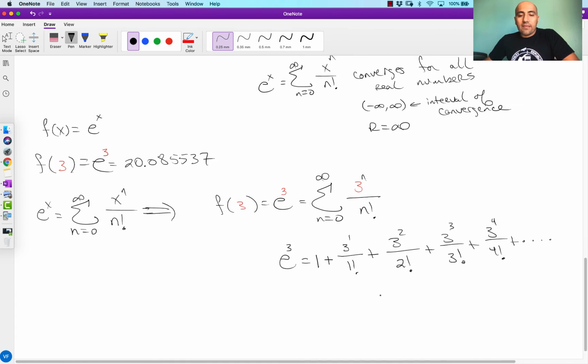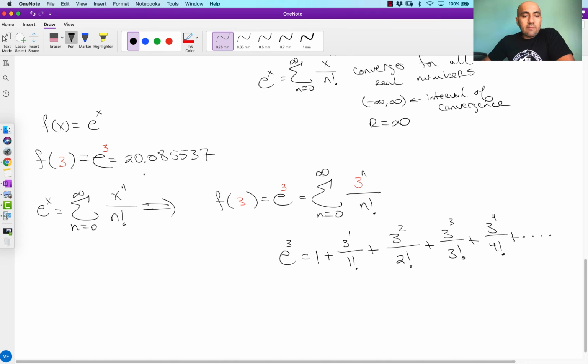So what we could do is just use our calculator to approximate this, or do the first few terms and see that they begin to get close to that value right there. So I'm going to simplify this a little bit. This is 1 plus 3 over 1 plus 9 over 2. 2 factorial is 2, and 3 squared is 9.